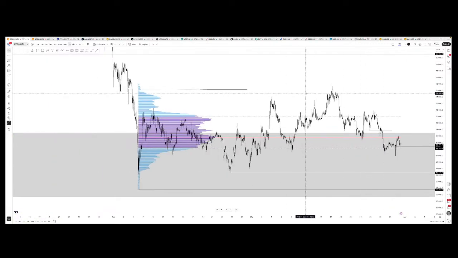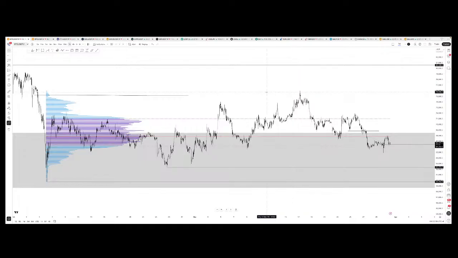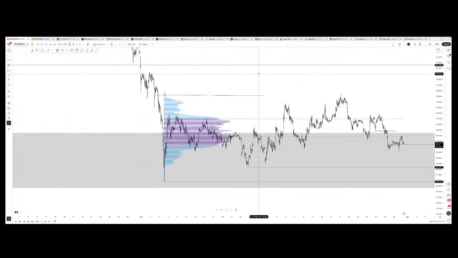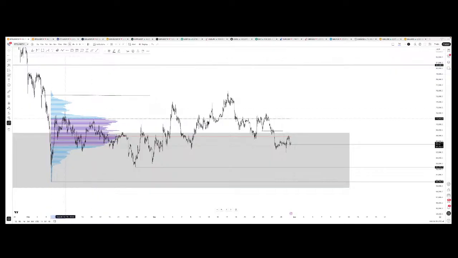On a higher time frame, what I can see is BTC is still in a range, right? This here is the range. This is the volume area high, and this is the volume area low.